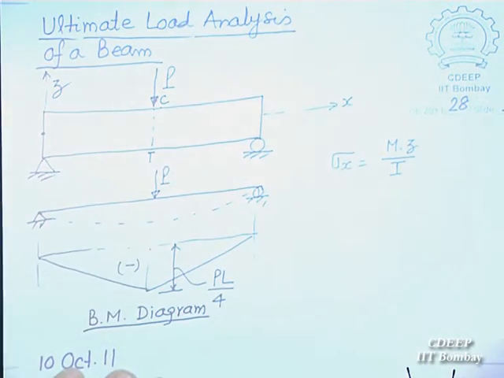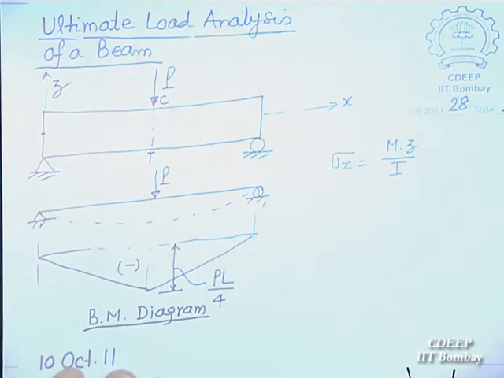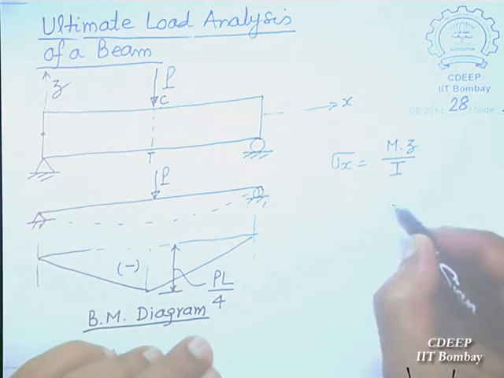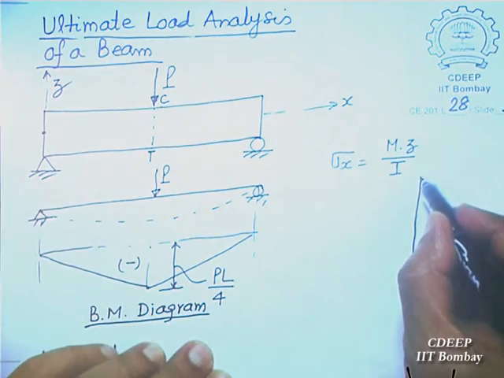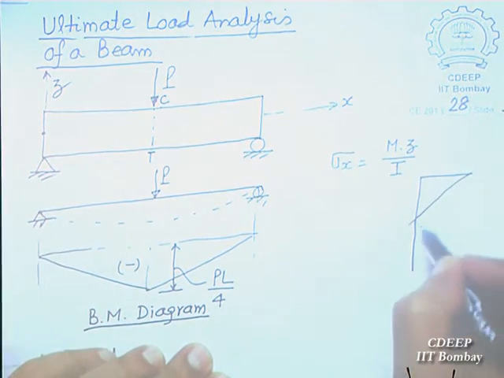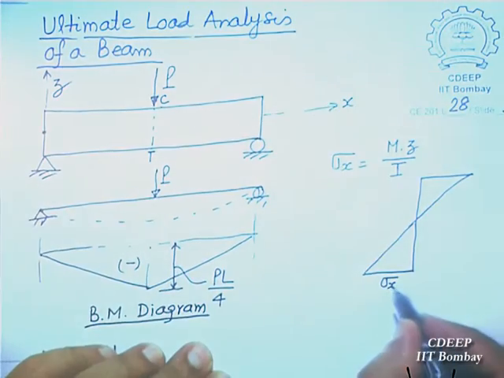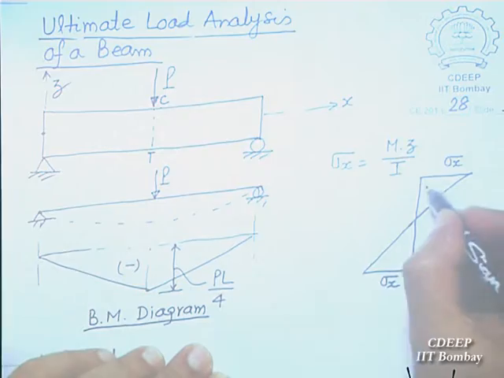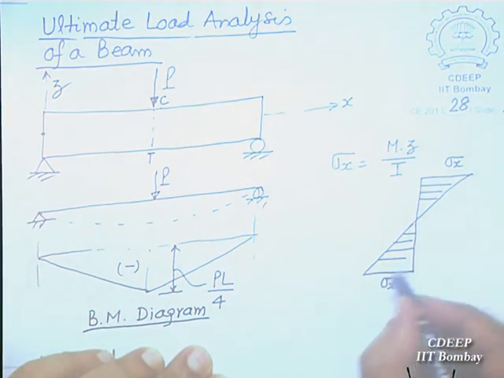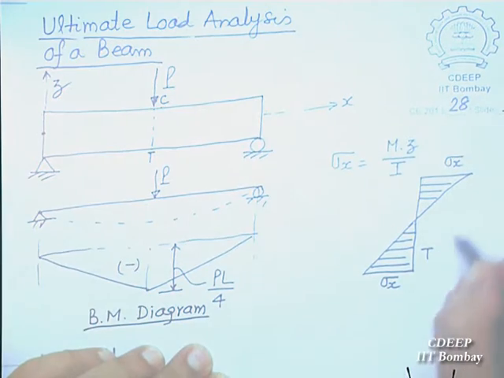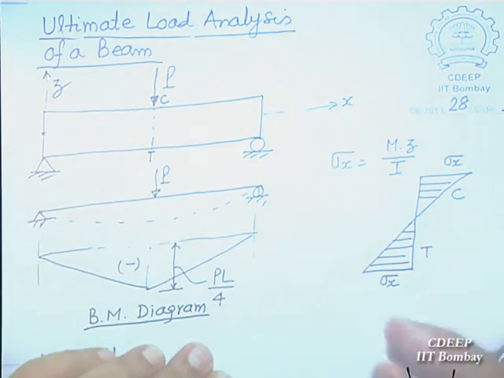You should ask such things. So M z by I, the stress diagram at the cross section where the maximum bending moment is there is something like this. This is sigma x variation, and the fibers are stressed. So this is tension, this is compression, and how do you get the moment?